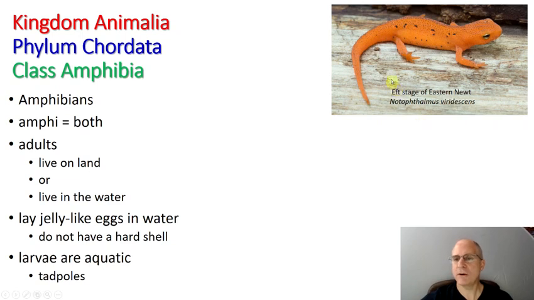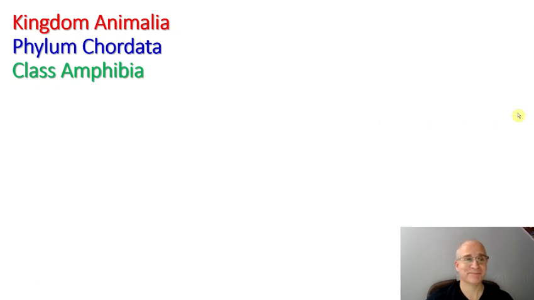After a while, they grow into this terrestrial form, which is called an eft. And the red eft stage of the eastern newt actually crawls around on land for a period of time, up to a year or two. And then they go back into the water, and then they spend the rest of their life in the water. So the newts are neat salamanders as amphibians.